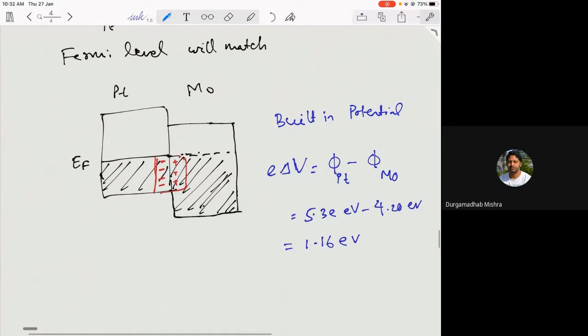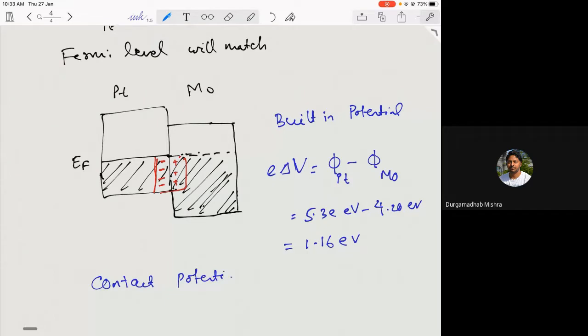So this delta V, which is 1.16 by e, that much voltage will develop, which is very small definitely, of the order of 1.16 volt. This much built-in potential will develop at the junction, which will make sure that the charge transfer stops when the equilibrium is reached. This built-in potential is also known as a contact potential.